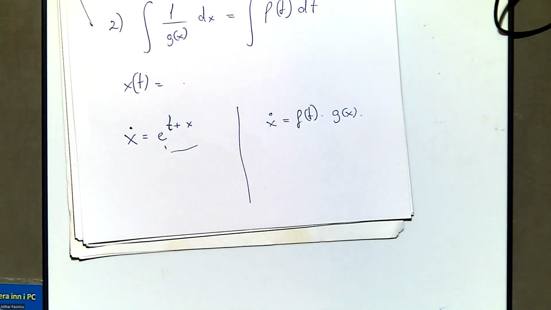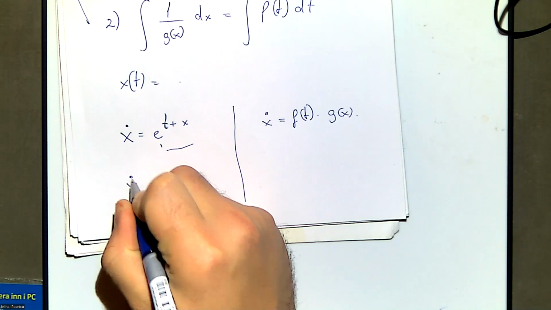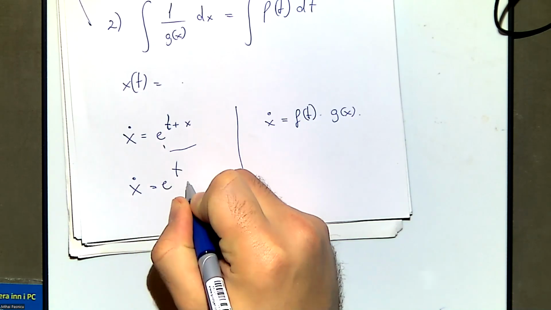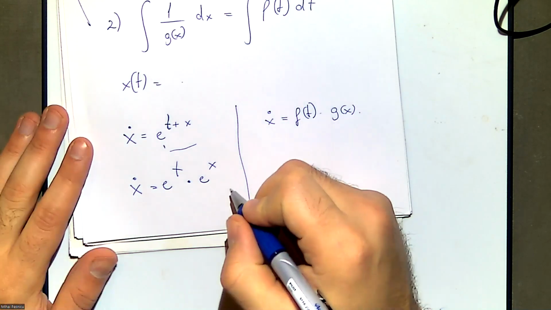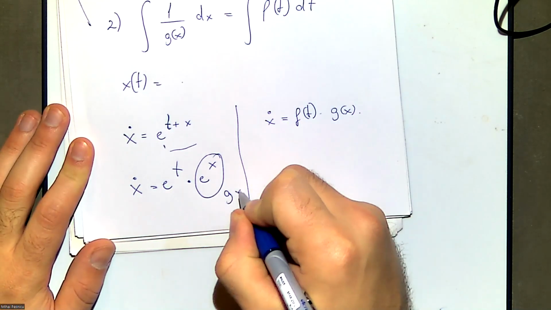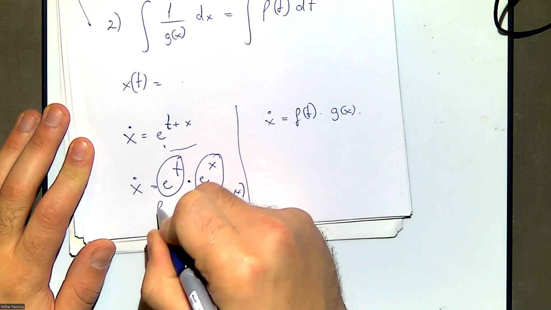So the idea is to write it as e to the t times e to the x, right? When I'm multiplying powers, I'm just adding their exponents up. So my idea is to split it so I can identify g of x and f of t.